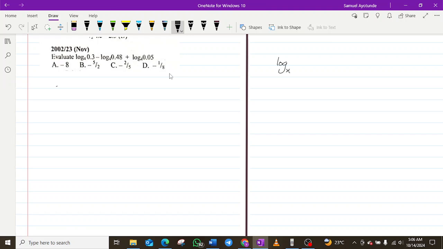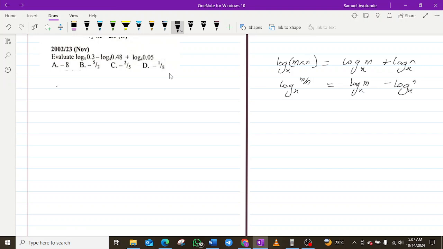Log of m times n base x will become log m base x plus log n base x, and the second one, log of m over n base x, will be log m base x minus log n base x.